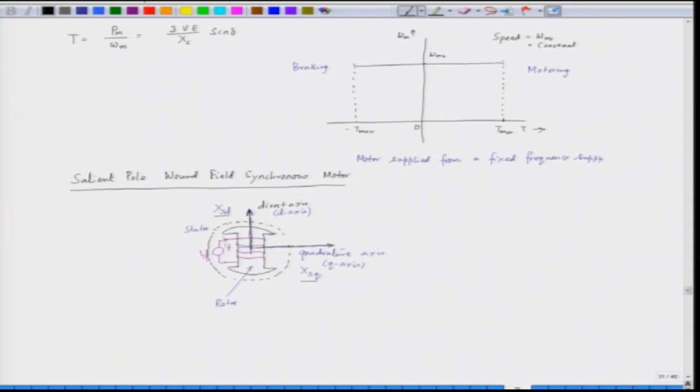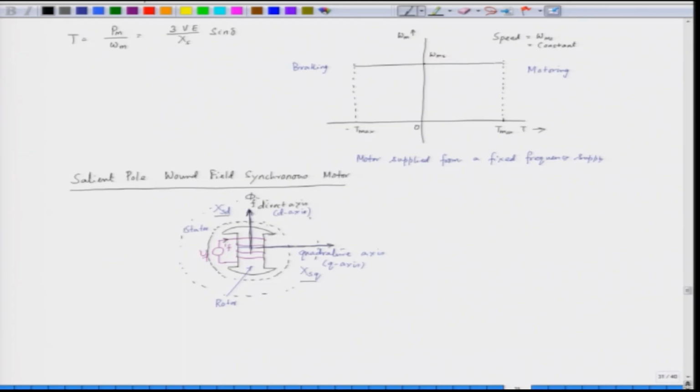Now, we have a field excitation in this case, and the field excitation produces a flux in the direct axis. So, this is the direction of the field flux phi f, and we have the stator. The stator is also a cylindrical stator, surrounding the rotor, and the windings are placed in the stator.